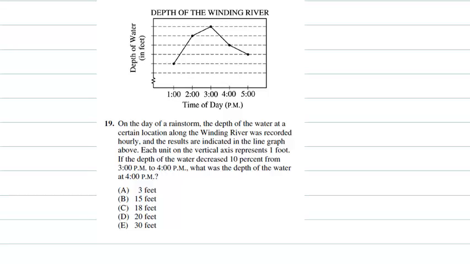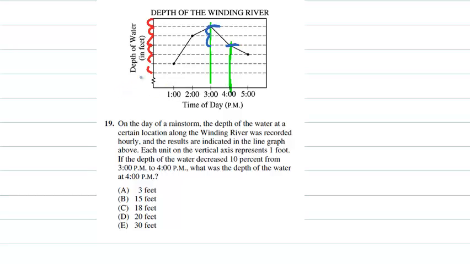Well, they said that each notch represents 1 foot. So each of these is a difference of 1 foot. And from 3 to 4, I know that the depth decreased by 2 notches to get from this height to this height.